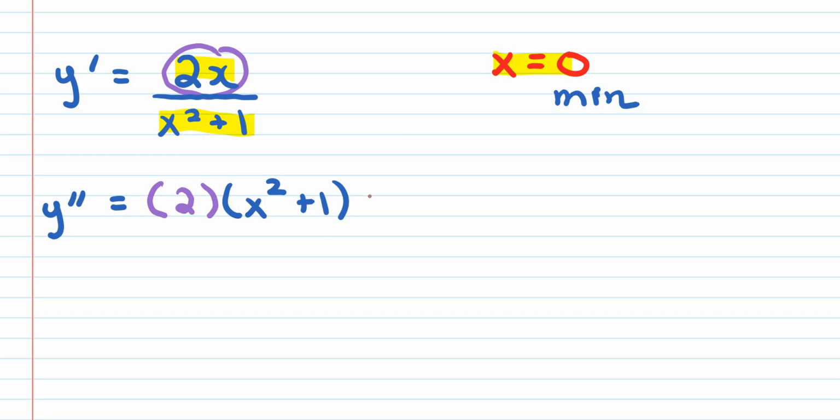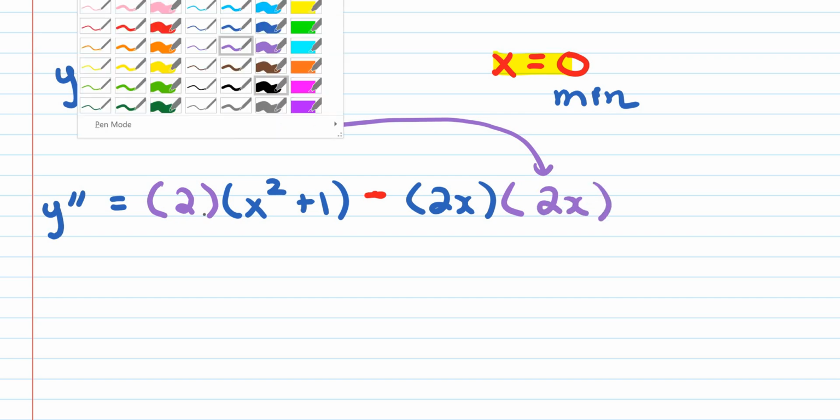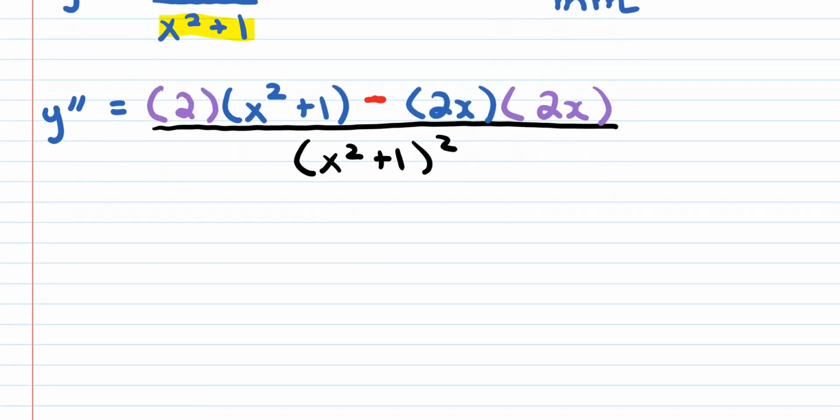And then the quotient rule states that I need a minus sign. And then I multiply by the numerator, which is 2x, and then by the derivative of the denominator, which is just 2x. And then I divide by the denominator all squared, so this will be x squared plus 1 all to the power 2. Okay, so that is your second derivative there.